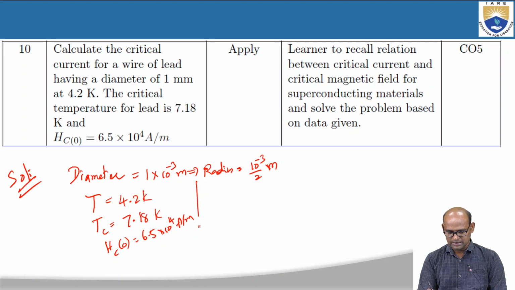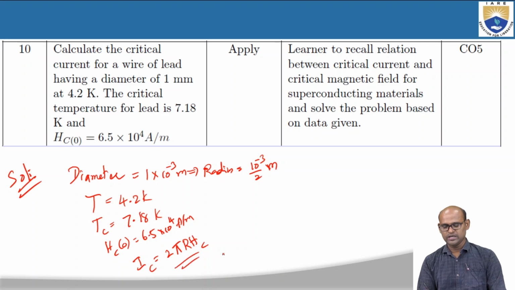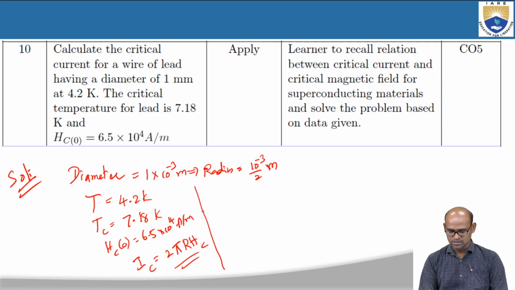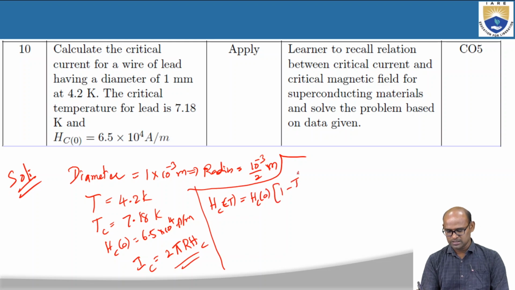We need to calculate the critical current. To calculate the critical current Ic, the formula is 2 pi R into Hc. We do not have Hc, so first we need to calculate Hc. Hc of T is Hc of 0 into 1 minus T square by Tc square.